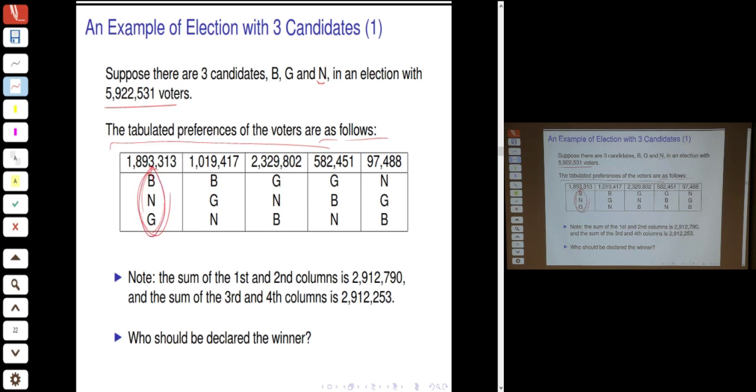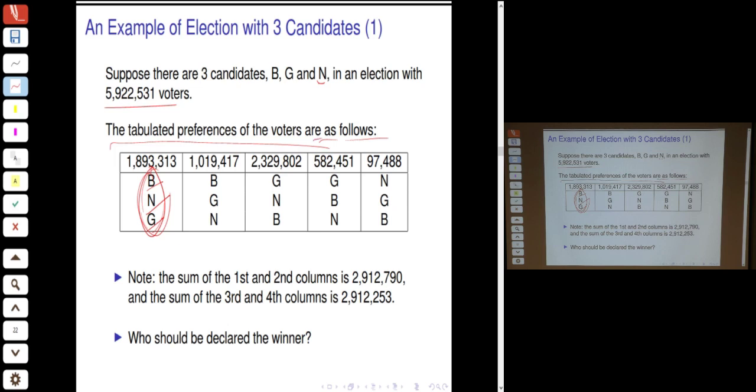They are actually code words for Bush, Gore, and Nader, who is Ralph Nader, from the famous 2000 US general presidential elections. But for academic purposes, let us think of them as blue, green, and neutral.